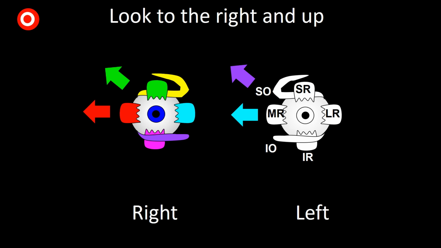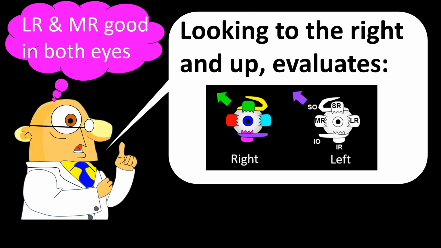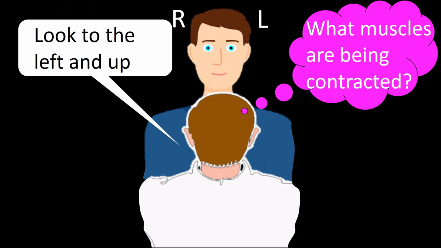Remember that the color of the arrows matches the muscles being used in this frame. So knowing that the lateral and the medial recti both are working well, looking to the right and up evaluates right eye superior rectus and left eye inferior oblique.